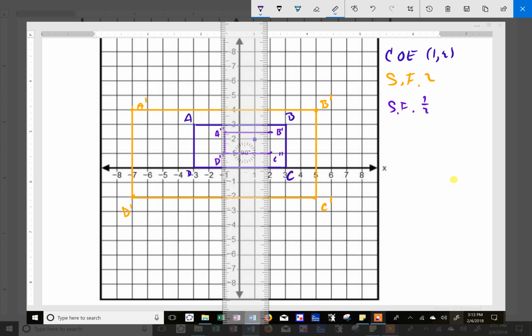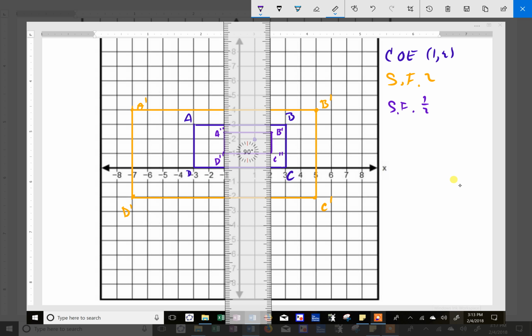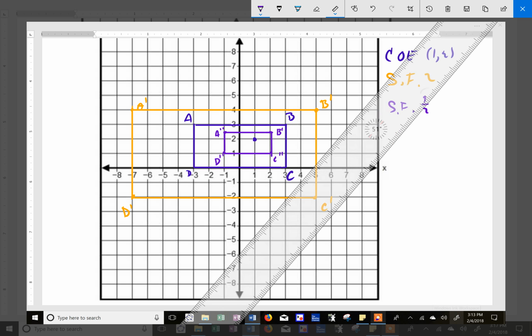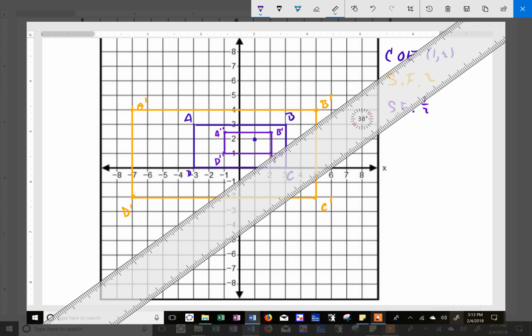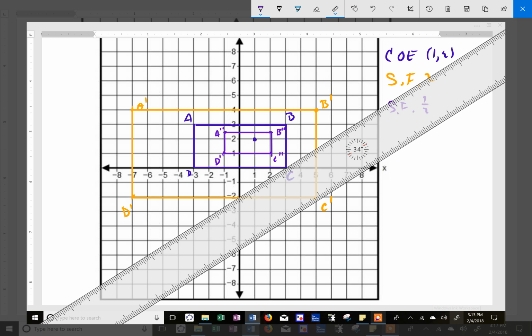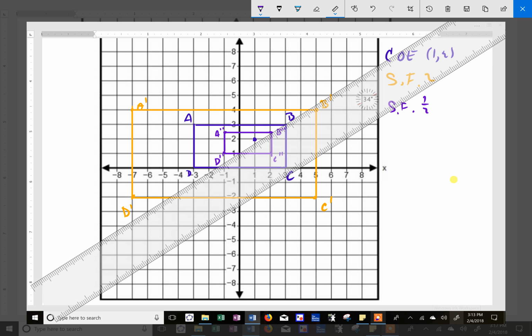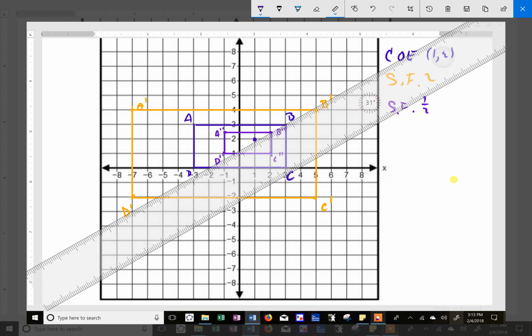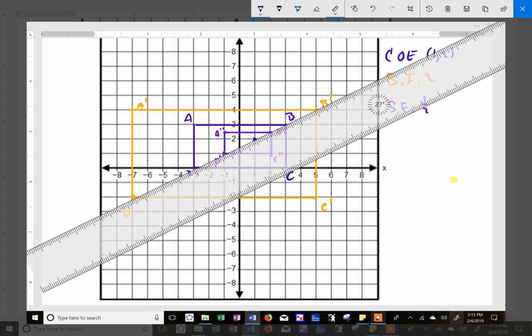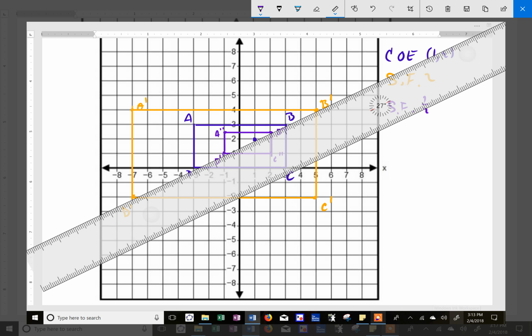What I want to illustrate is that A, B, C, D was my original shape, or my image, and A prime, B prime, C prime, D prime was an enlargement. It really was an enlargement. But then A double prime, B double prime, C double prime, and D double prime, in fact, shrinks.